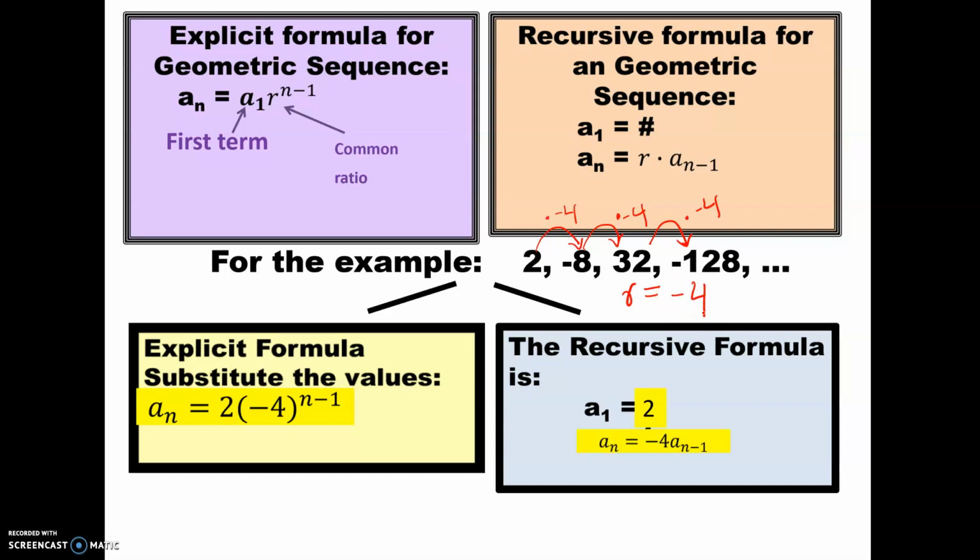So explaining the explicit formula versus the recursive, if you think about it, why this makes sense. Okay, so let's say I have 2, and I multiply by negative 4, which is obviously negative 8, and then I multiply that by negative 4 again, and that'll give me 32, right?